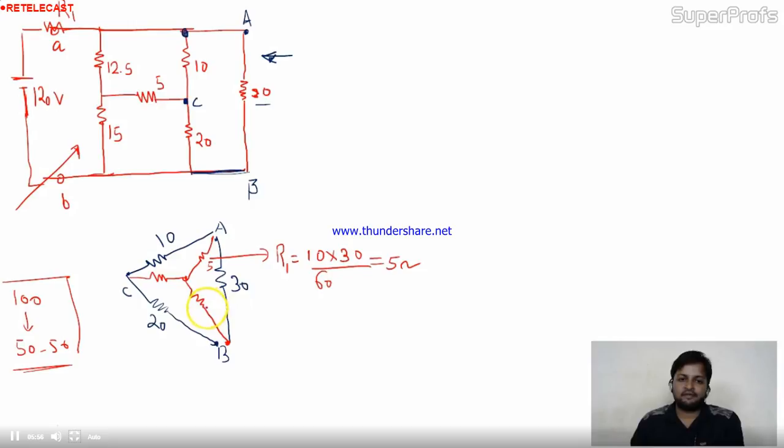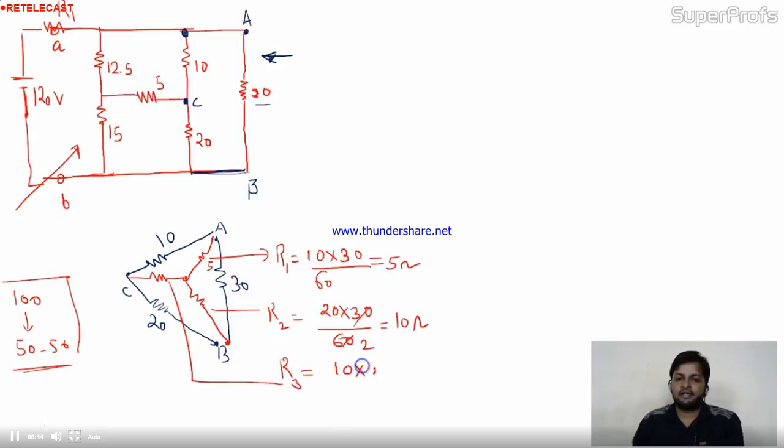What about this one? Take it R2. R2 is nothing but 20 into 30 divided by 60, which is 10 ohm. Okay, fine. Come here. Suppose this is R3. So R3 is nothing but 10 into 20 divided by 60, so this one is 10 by 3.